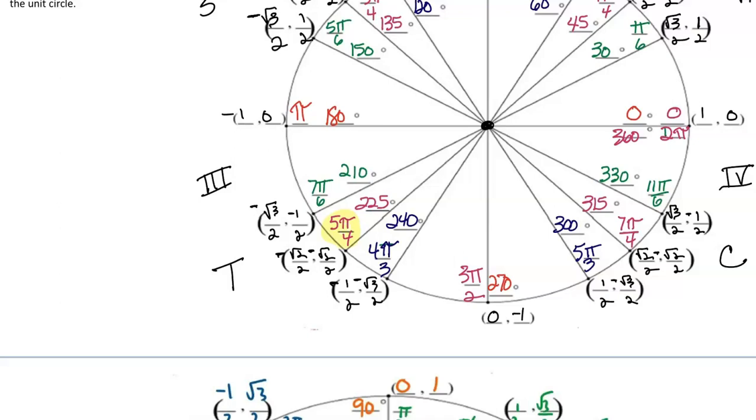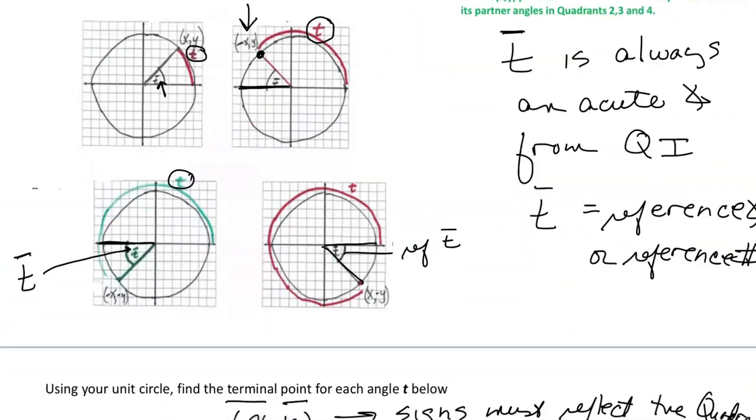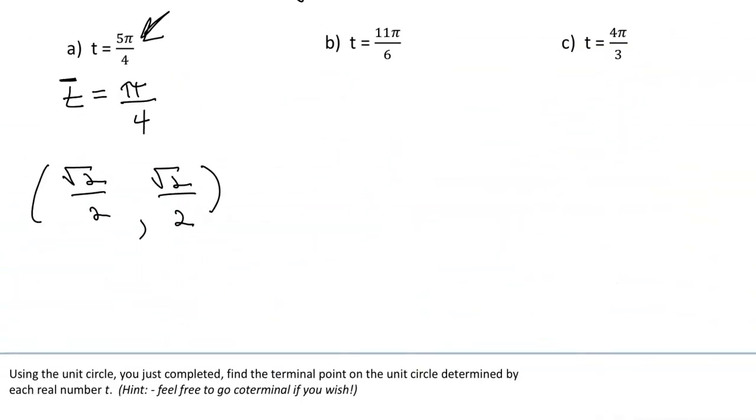In quadrant 3, both the x and the y are negative, so when I come back here, I'm going to make that change. This is the actual terminal point of that angle. It is in quadrant 3. Knowing the quadrant is going to help you tremendously.